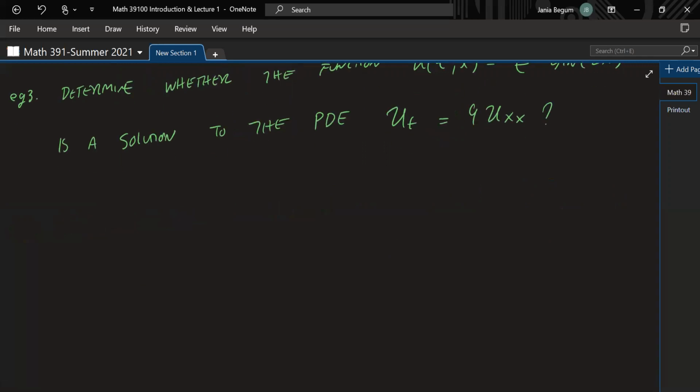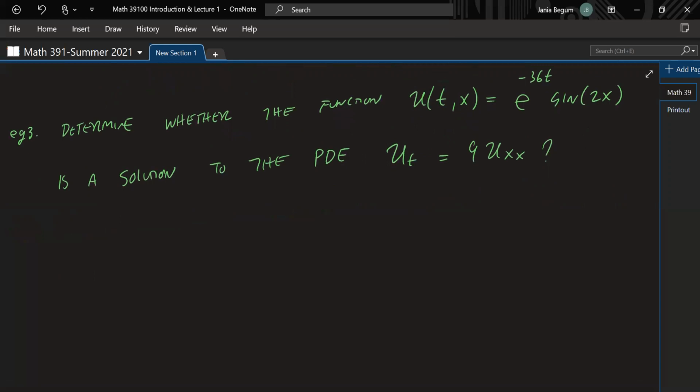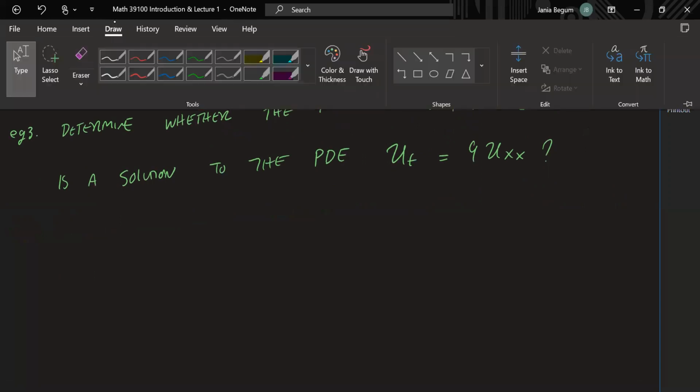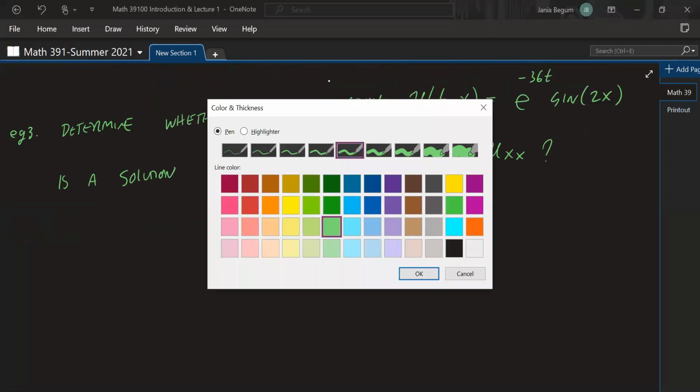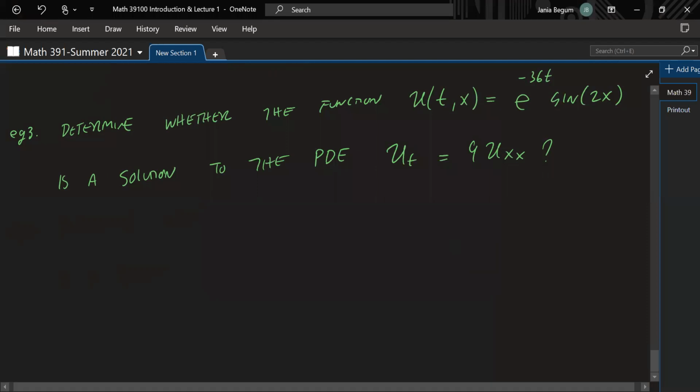Now, here I give you a partial differential equation. This equation is very well known because we're going to study it later on, almost toward the end of the semester, chapter 10 stuff. This is what we call the heat equation.